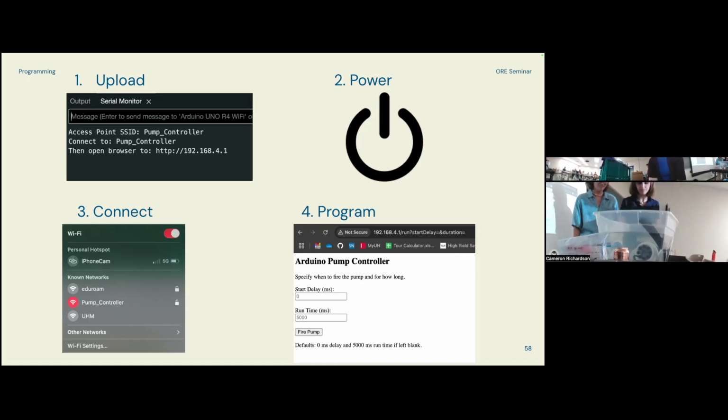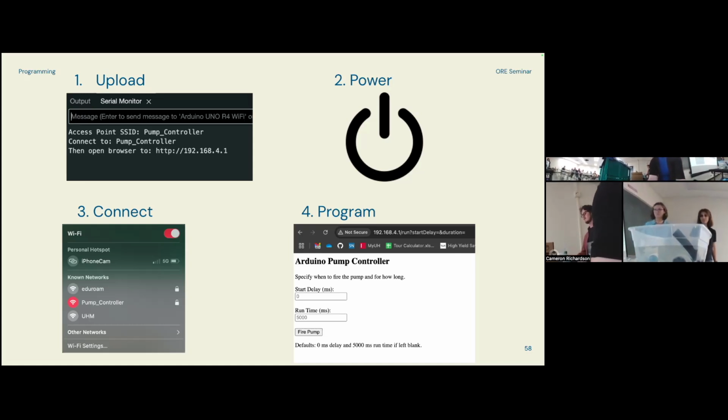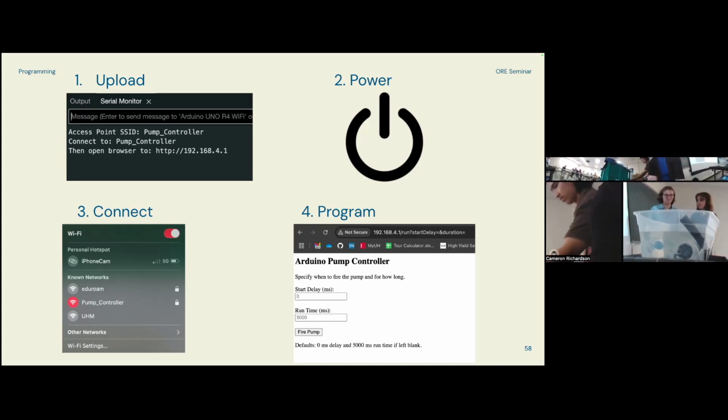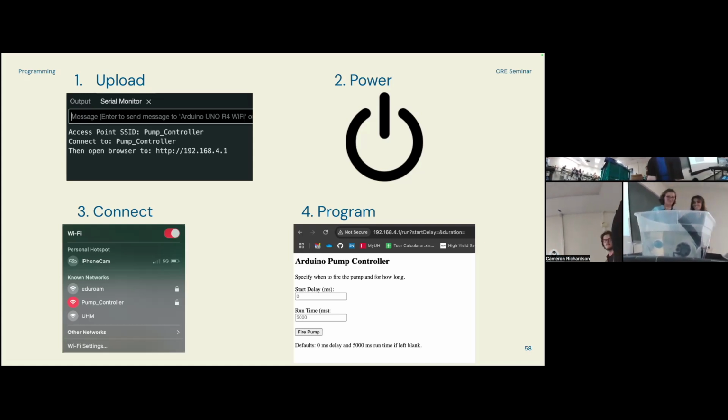Okay, so as you can see on the slide deck, I basically have to just say how long I want the pump to fire for. And like I said, we calculated that if it fires for 71 seconds, it'll collect a liter. So here we go.